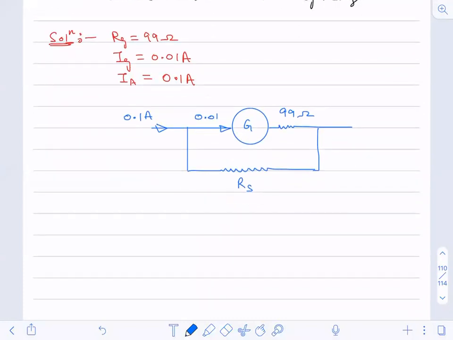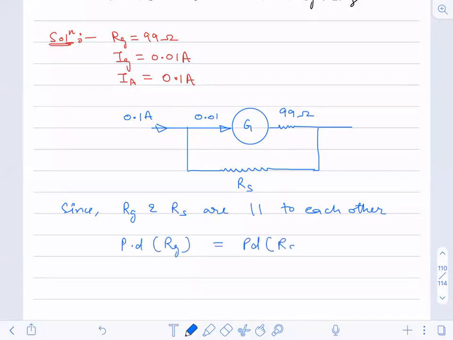So the potential difference across the galvanometer and shunt is the same, since Rg and Rs are parallel to each other. So the potential difference across Rg must be equal to the potential difference across Rs.